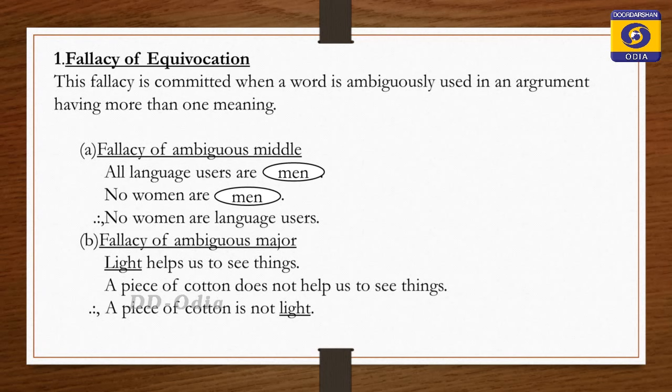Okay. So, at one place light is used as opposite to darkness, at another place it is used as opposite to heaviness. So, here light, the major term, is used ambiguously, and we commit the fallacy of ambiguous major.